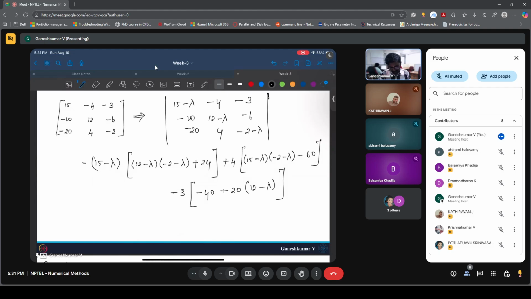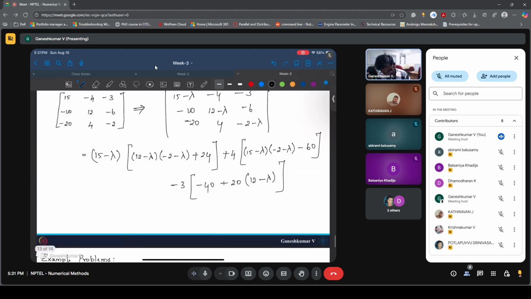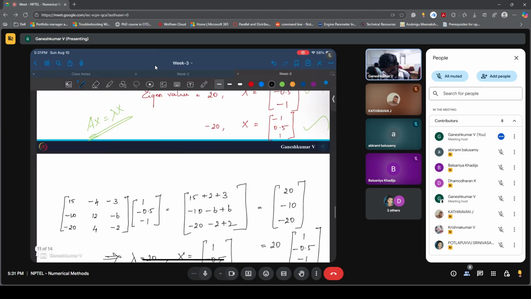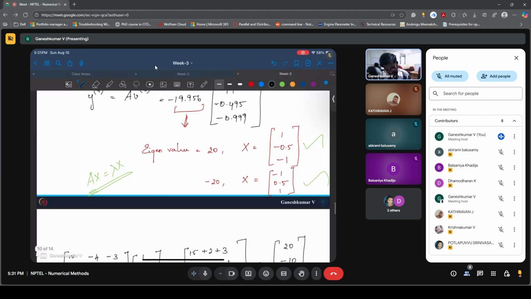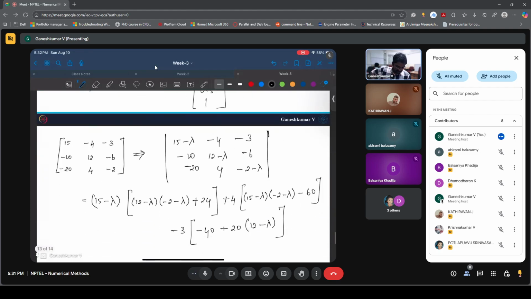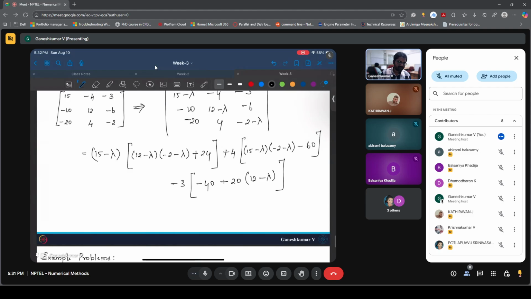Okay, now if we simplify this, I don't know what lambda is going to be. Lambda probably will be 20, that is for sure. If that is the case, then only this is the right answer. This is not the right answer. But I will check it and I will update with this PDF.